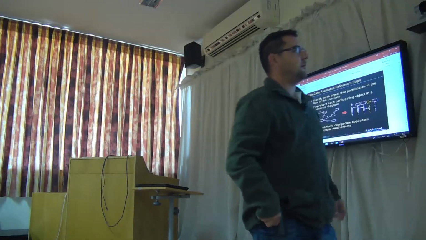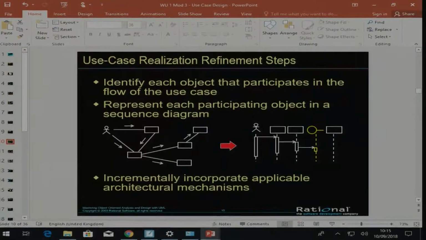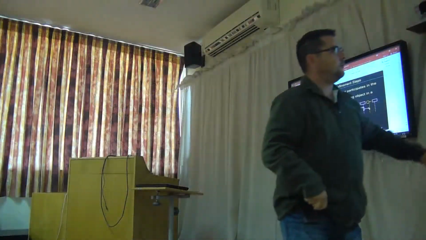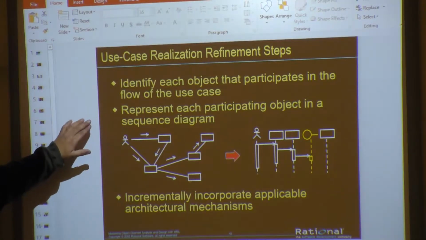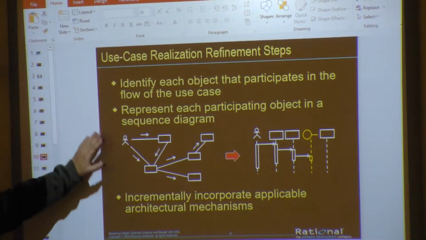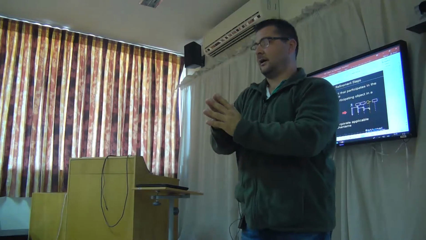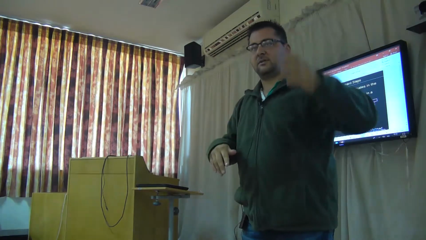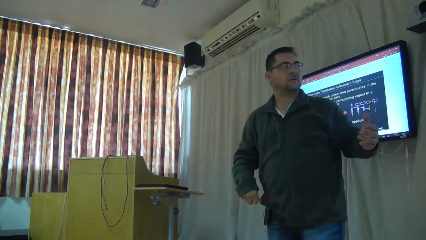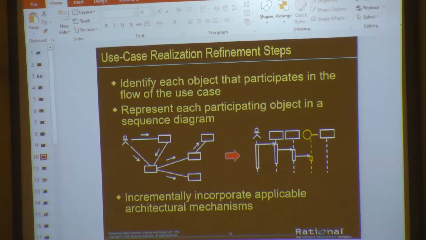So as part of the refinement steps, we're going to look at each object that participates in the flow of your use case and then refine it. We represent each participating object in a sequence diagram. Every object participating in your sequence diagram will be represented there as a lifeline.